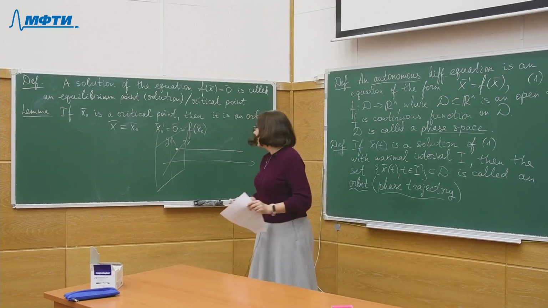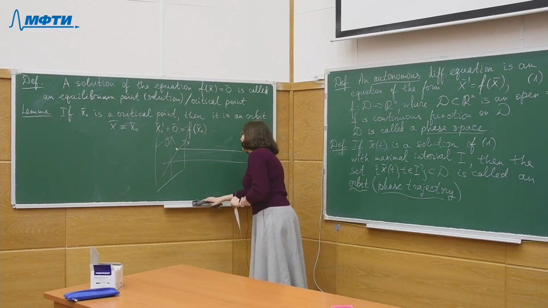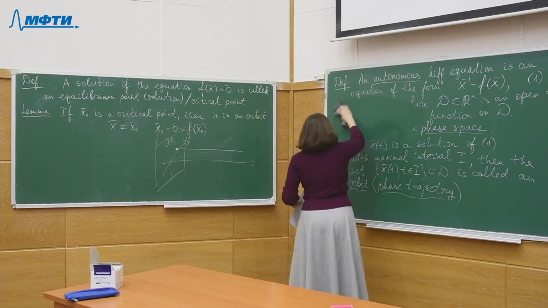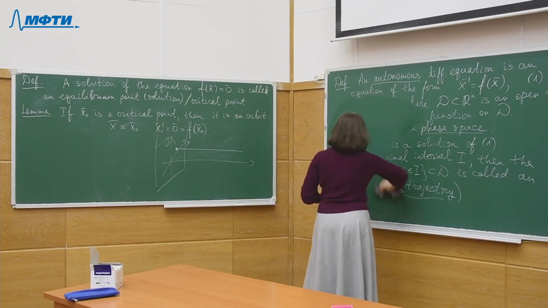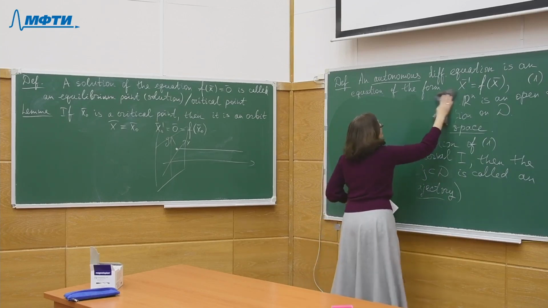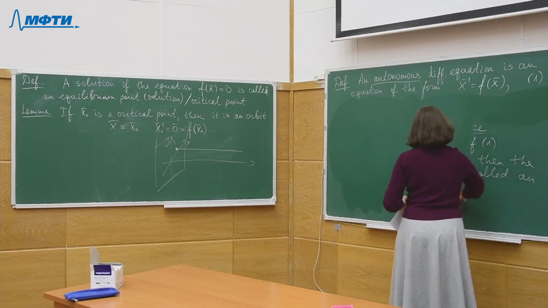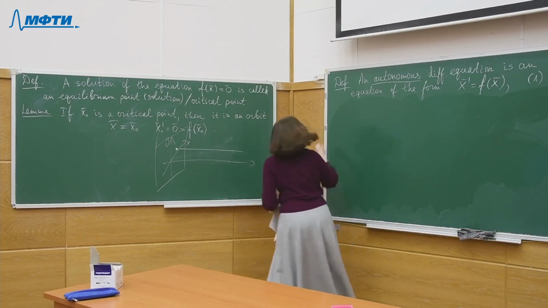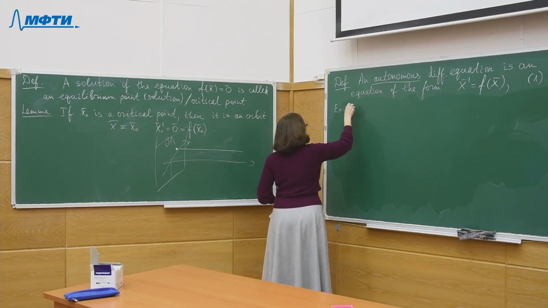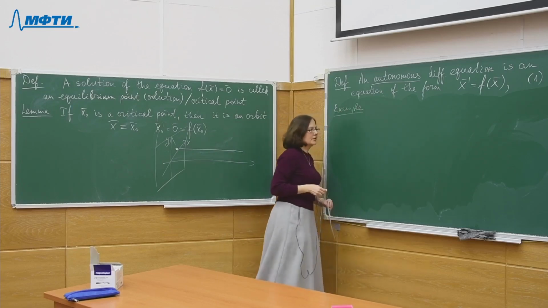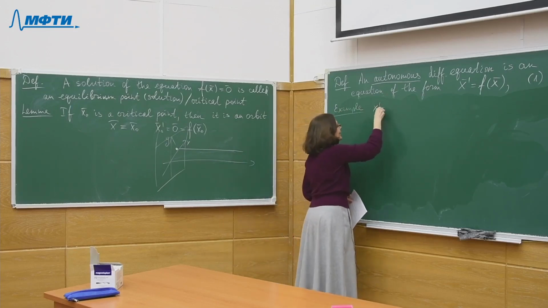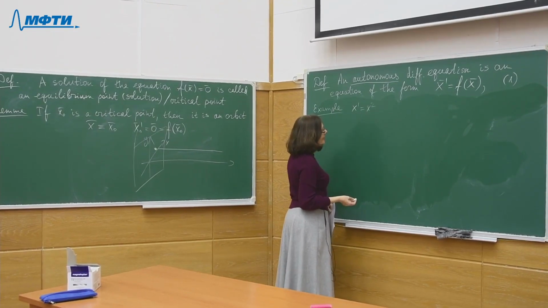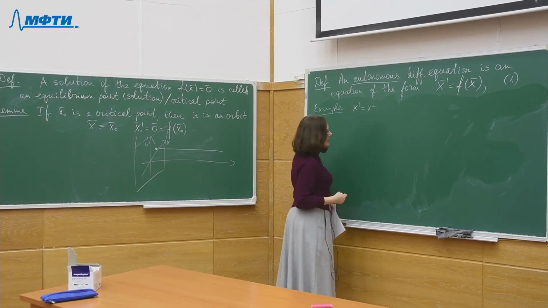Well, and now let's look at an example. An example will be familiar to us: x prime equals x squared. The right-hand part doesn't depend on t.